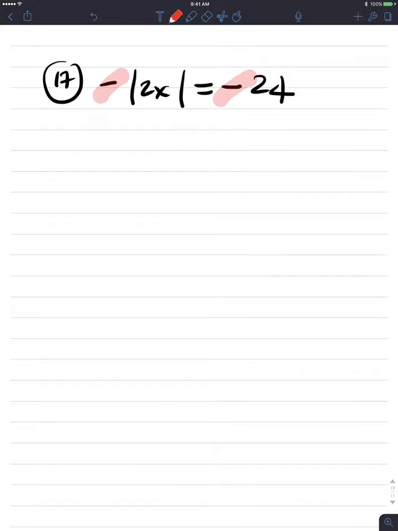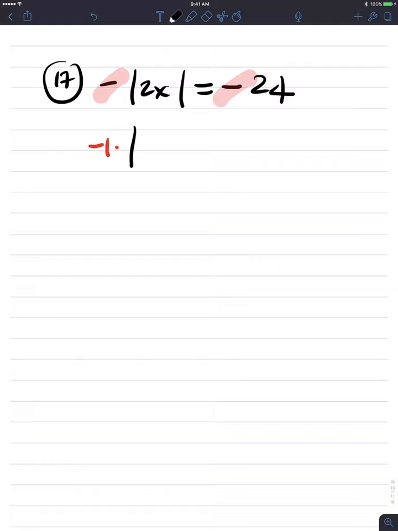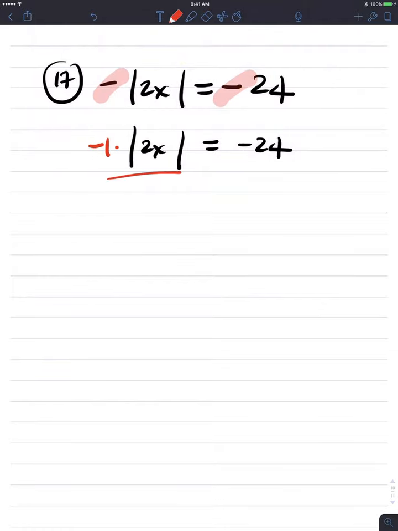So on the left side, this is really negative 1 times the absolute value of 2x. And on the right side, I have a negative 24. Now that negative sign on the left side is outside my absolute value sign. So what I can do here is divide both sides by negative 1.